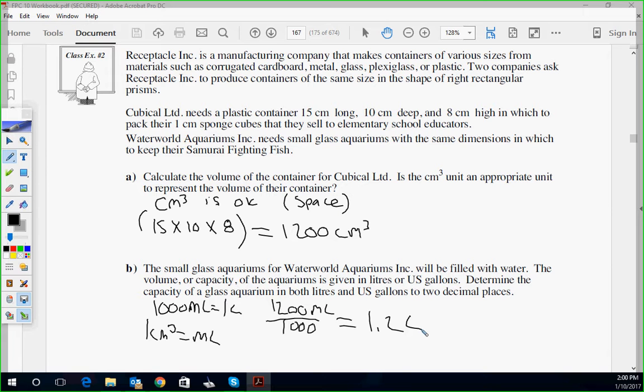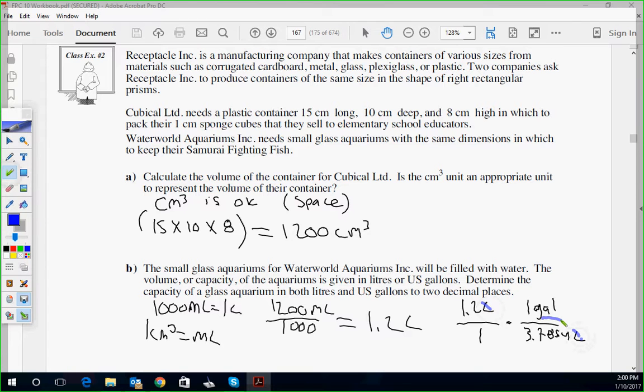Then it says to put it into U.S. gallons. So to U.S. gallons, we can use our unit analysis. We can go 1.2 liters over 1 times 1 gallon is 3.7854 liters. So see the unit analysis, my L's cancel, I'm left with gallons.